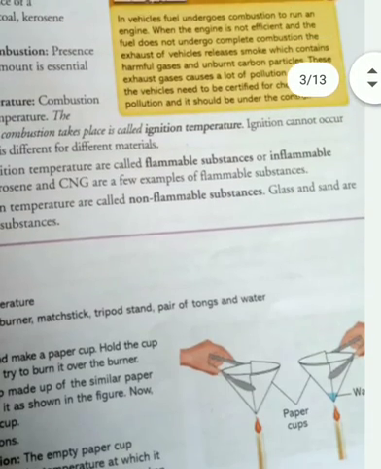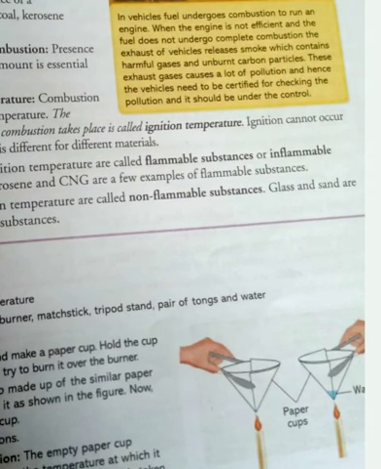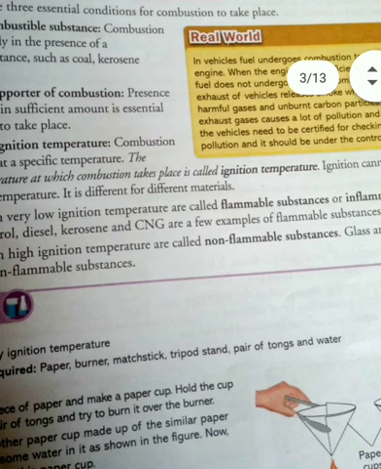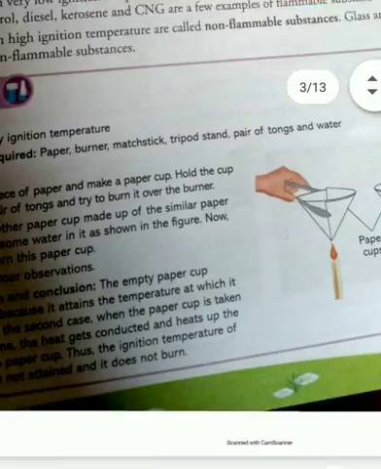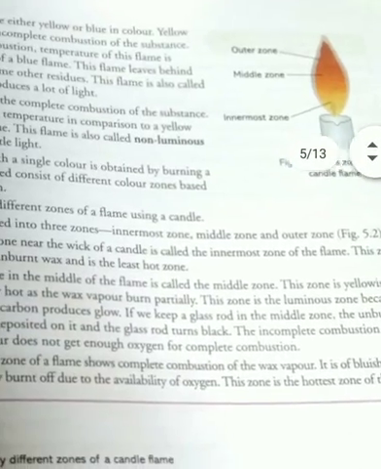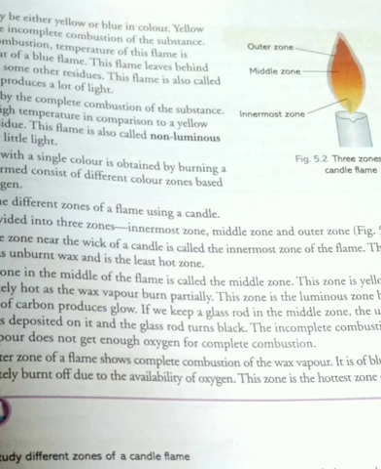Then we have done the activities which indicate how ignition temperature is necessary for any substance, then the necessary conditions for combustion. Up to that we have completed, and next we will start in our next video, where we will study different zones of flame using a candle. Till then, thank you, have a nice day.